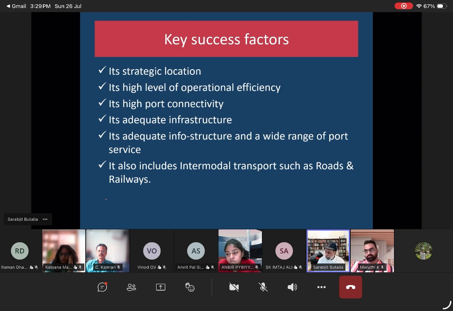Or they would give poor quality oil. That was impacting the brand of Singapore. So they made laws so that nobody dares to do something like that. And then the last is intermodal transport. They have very good connectivity with Malaysia. And just for your knowledge, if any youngsters want to work in Singapore, the housing is very expensive.